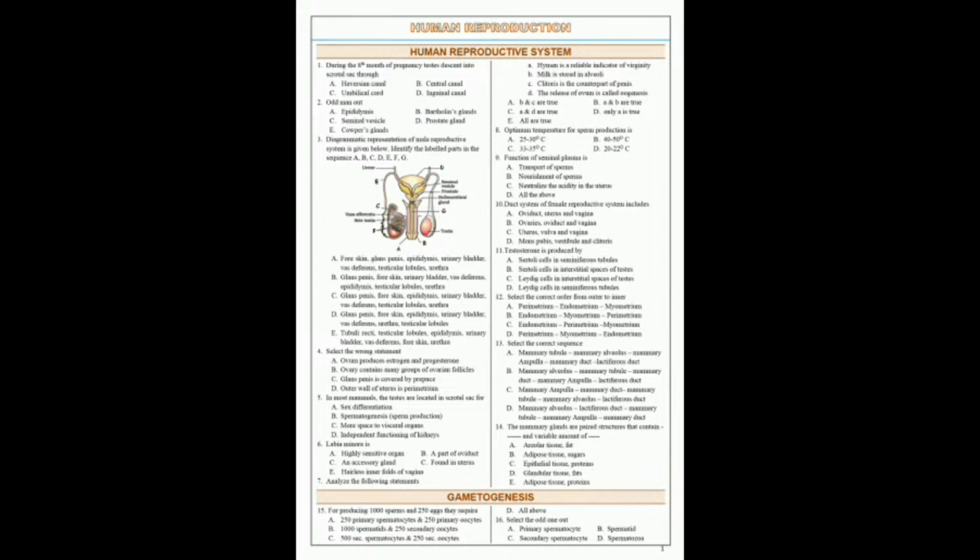Hymen is a reliable indicator of virginity. Milk is stored in alveoli. Clitoris is the counterpart of penis. The release of ovum is called oogenesis.